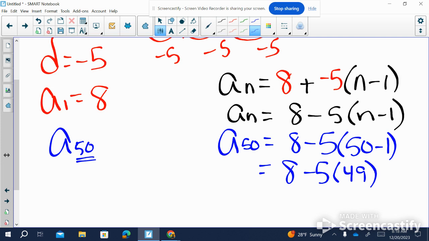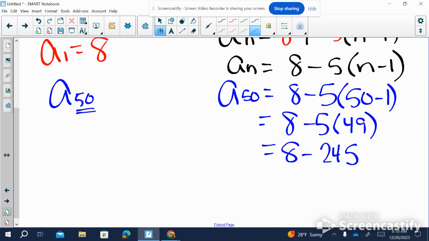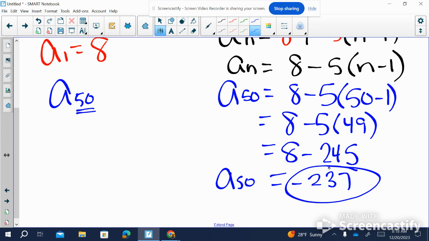Well, 5 times 49 is 245. So this is equal to 8 minus 245. And 8 take away 245 is equal to -237. So the 50th term of the sequence is equal to -237.